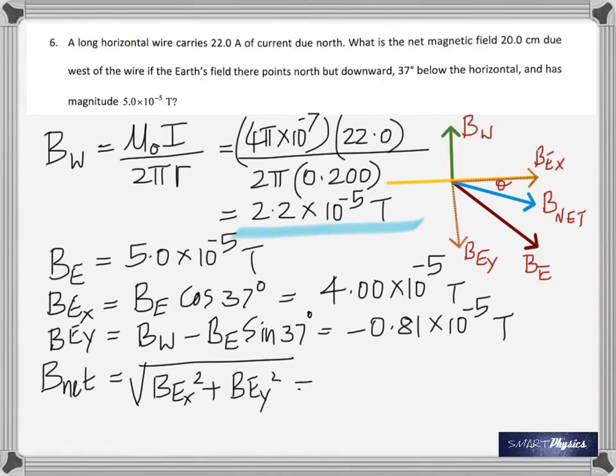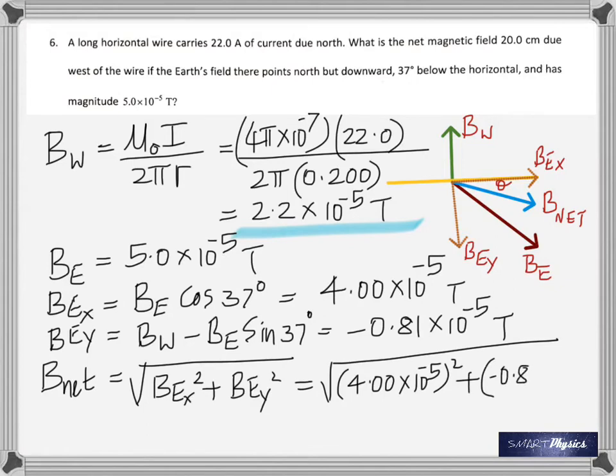So you get the square root of BX squared plus BEY squared. And that gives you, when you do all that calculation, 4.1 times 10 to the minus 5 Tesla.